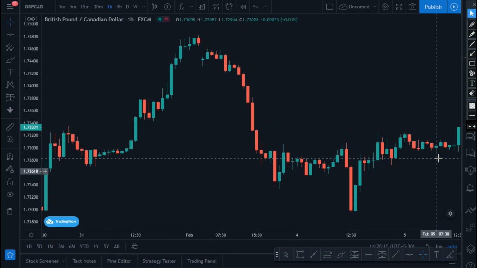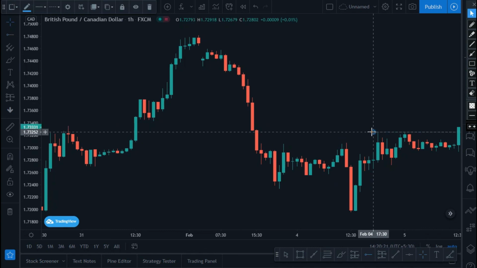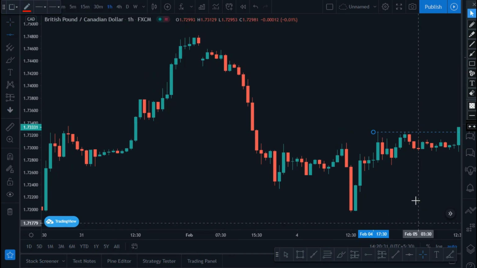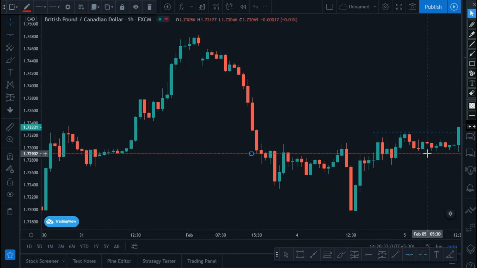So I will wait. Now I can see that the price has broken out of this resistance. So I will place my buy order, and the stop loss would be this much and the take profit will be at least this much.